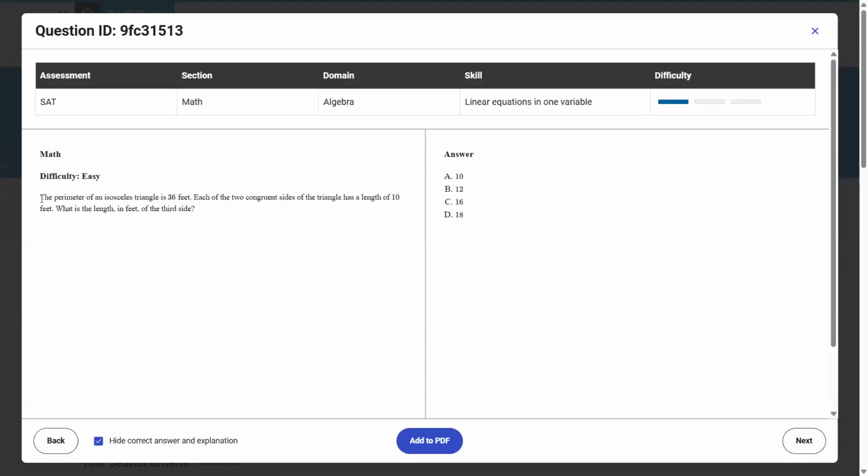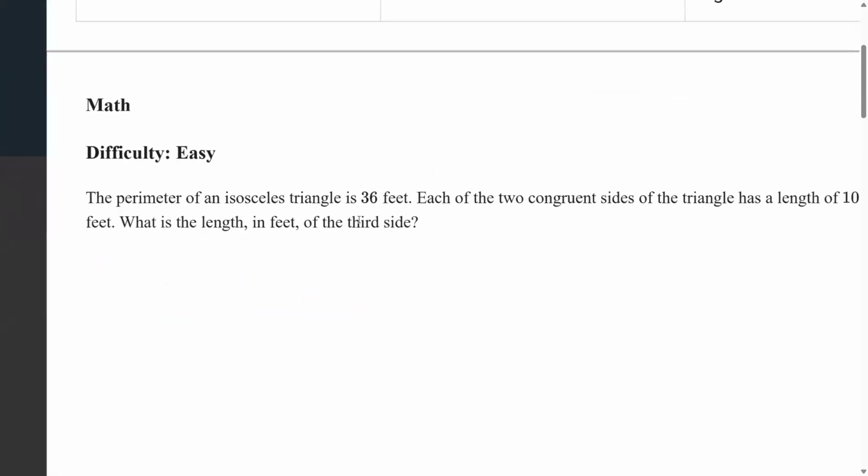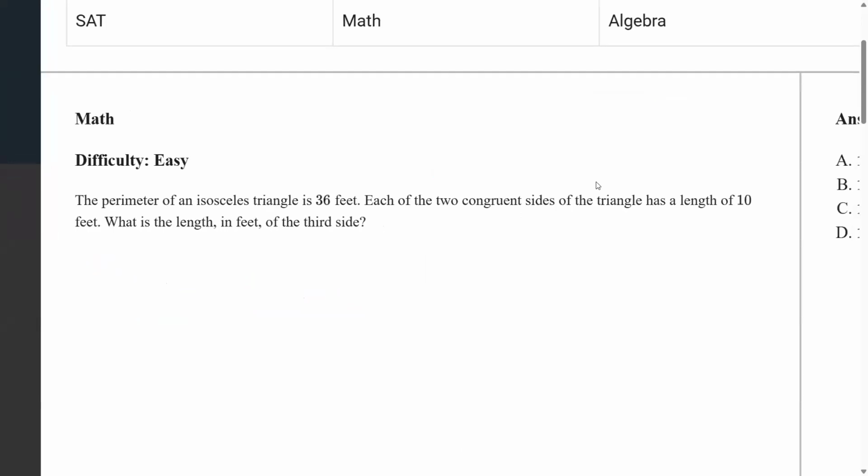The perimeter of an isosceles triangle is 36 feet. Each of the two congruent sides of the triangle has a length of 10 feet. What is the length in feet of the third side? Easy question. An isosceles triangle has two sides with the same value, so this side and this side have the same value, which is 10.